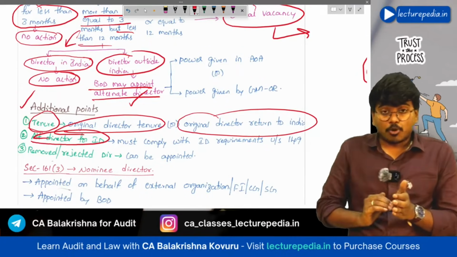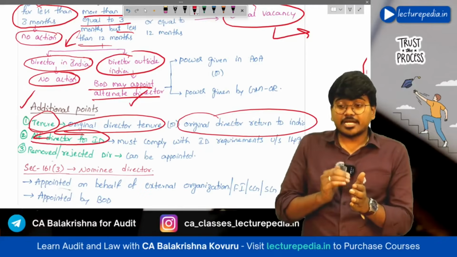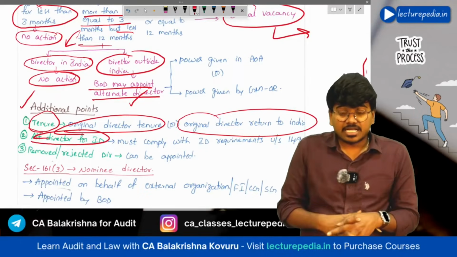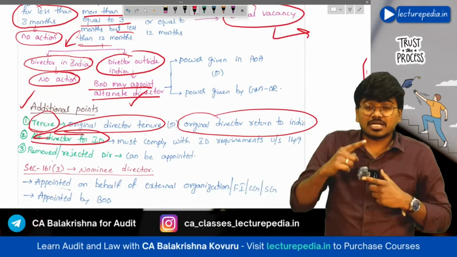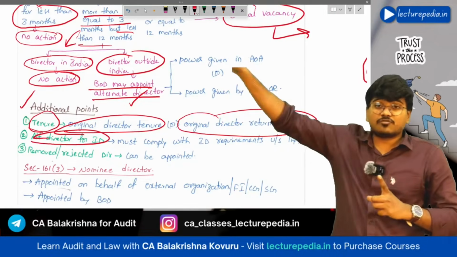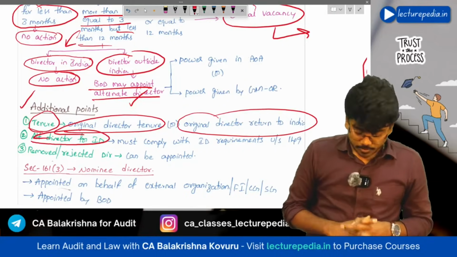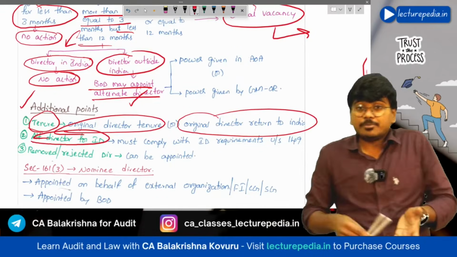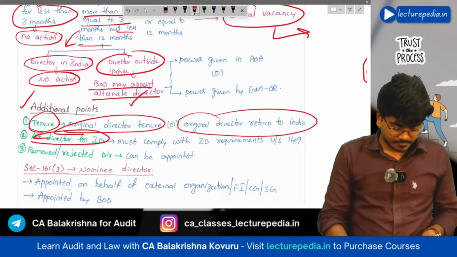So if you are appointing a person as an alternate to the independent director, that person should also satisfy all the conditions of Section 149 Subsection 4 to Subsection 13. Hope that is clear. Why? Because he is being appointed as an alternate to the independent director.